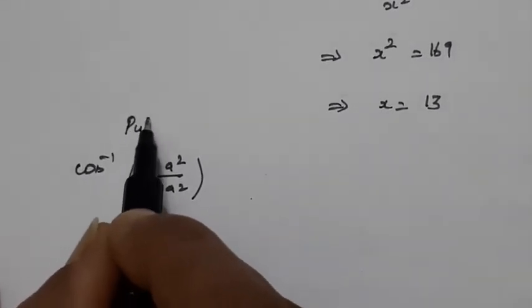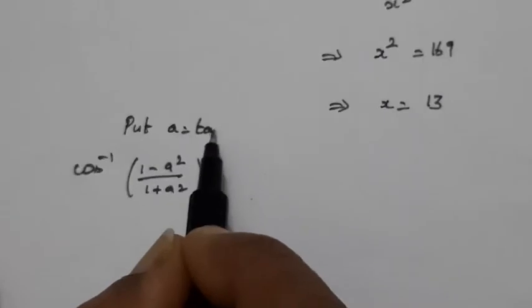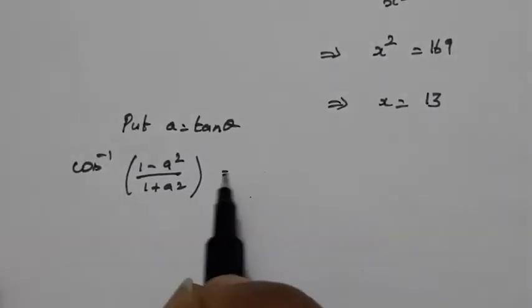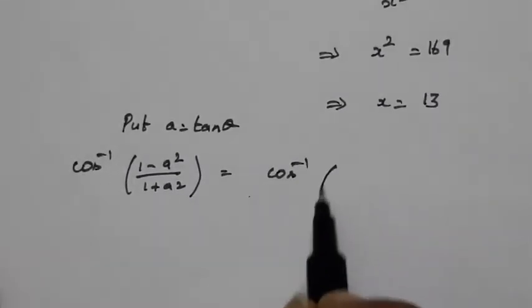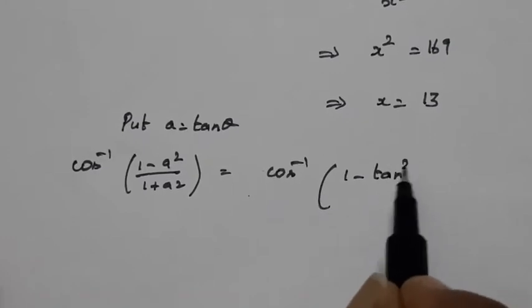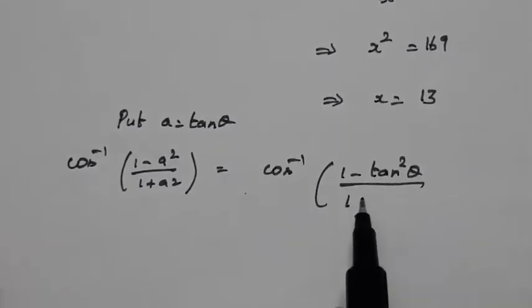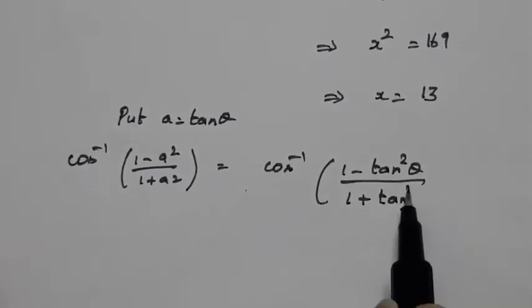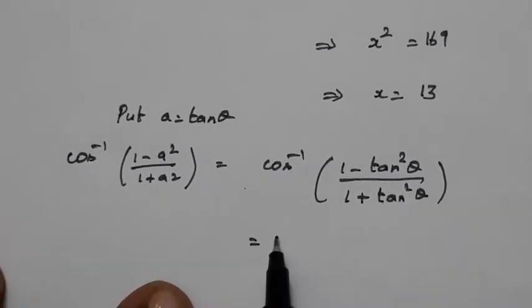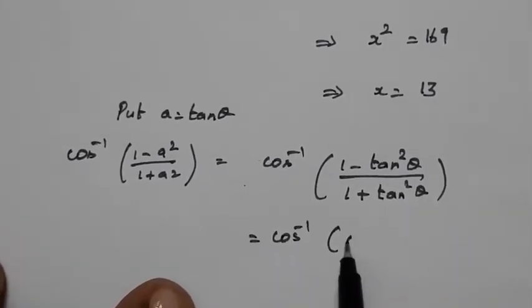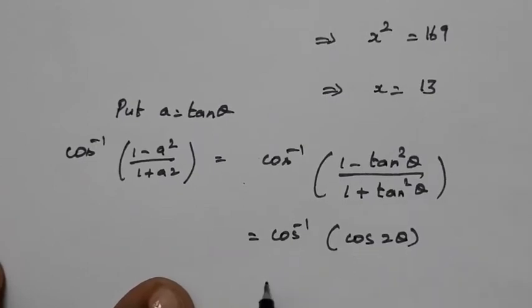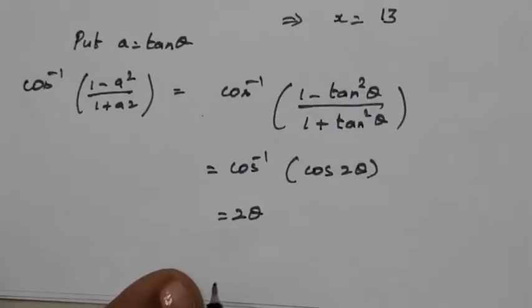So put a is equal to tan theta. This becomes cos inverse of (1 minus tan squared theta) divided by (1 plus tan squared theta), which is cos inverse of cos 2 theta, easily evaluated as 2 theta.